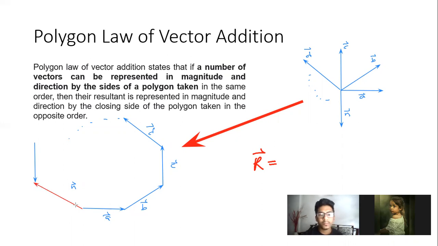It has a magnitude and direction. Now, if the nth vector ends right here, the length will be 0, no? The length drawn from starting point to ending point is 0. Did you understand that fact?